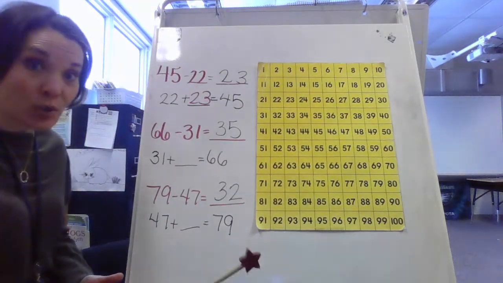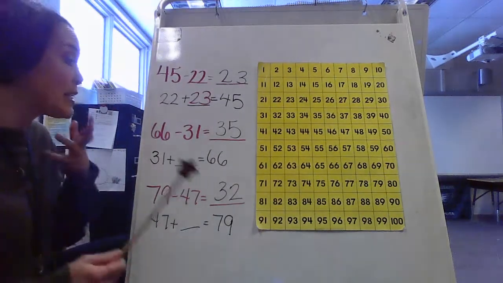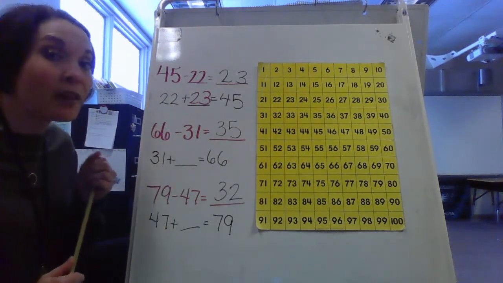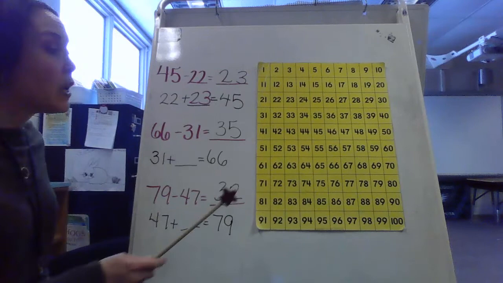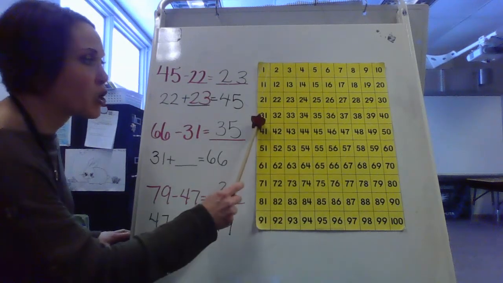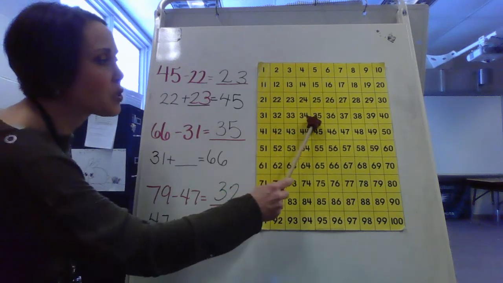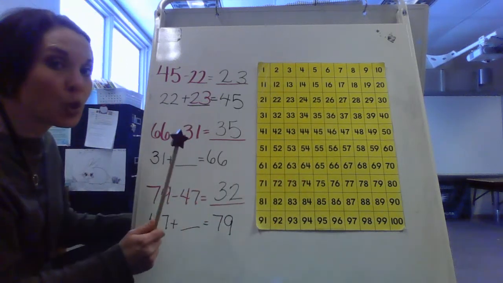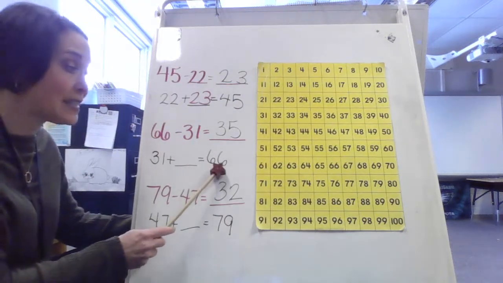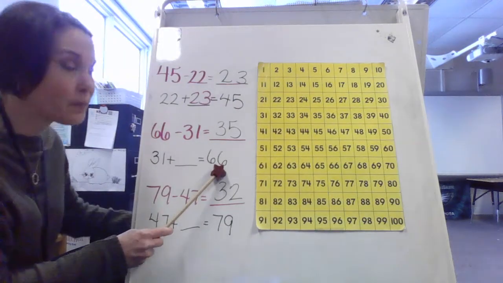So now let's do the other method because we still want to hit 35, but let's start with the ones this time. So remember, we want to get to 66. So we want to see how many hops it's going to take to get to the first number we see that has a 6 in the ones place, because this has a 6 in the ones place.